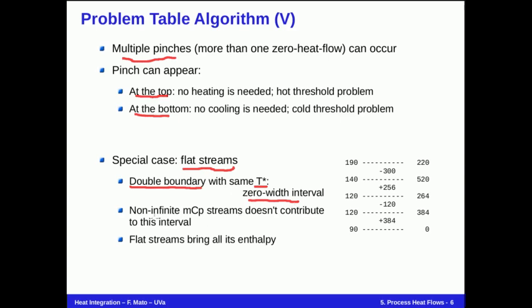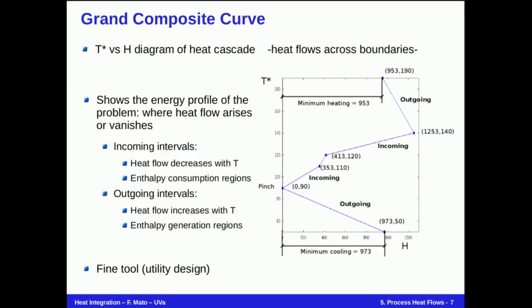Sensible heat streams, with non-infinite MCP, don't contribute to this interval because of this zero width temperature change. And a flat stream in this interval brings all its enthalpy, here 120 kilowatts, inside the flat interval.